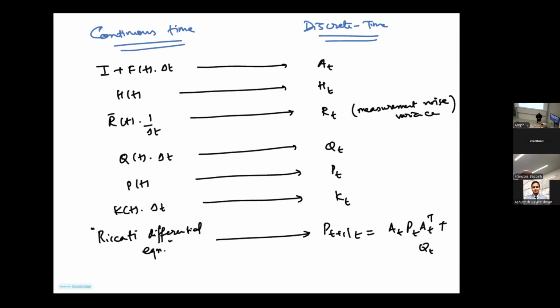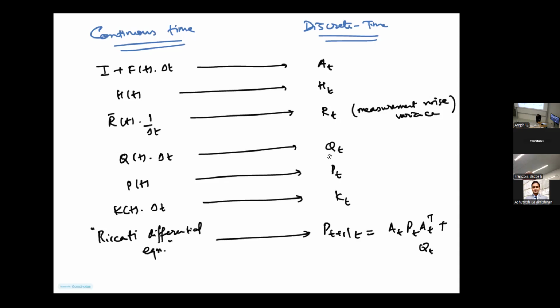So if we try to map the analogy between the discrete time case and the continuous time case, what is happening is that initially we had a matrix A, and now it is being modified to I plus F times del t. H remains the same. The measurement noise variance gets divided by the sampling time period.